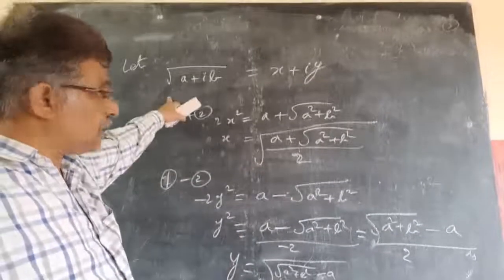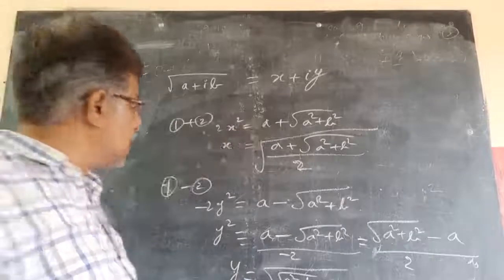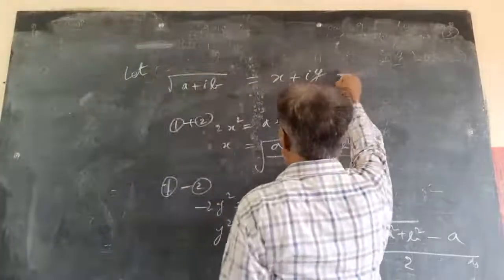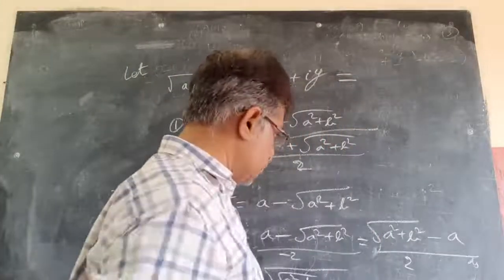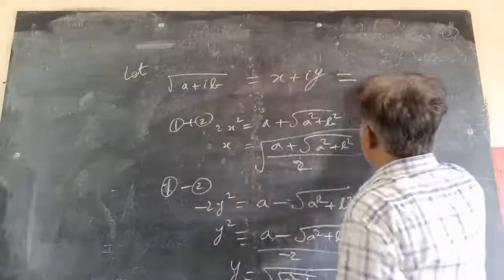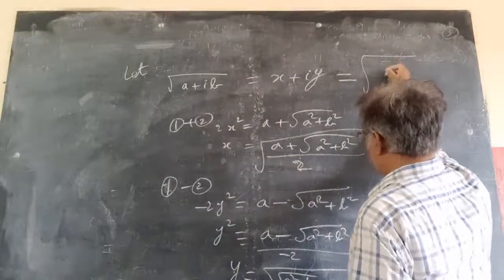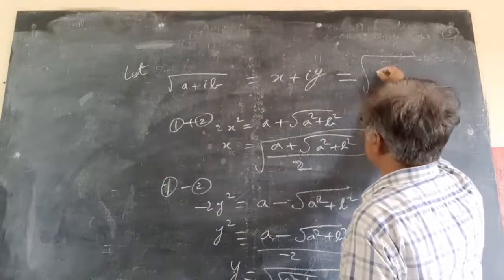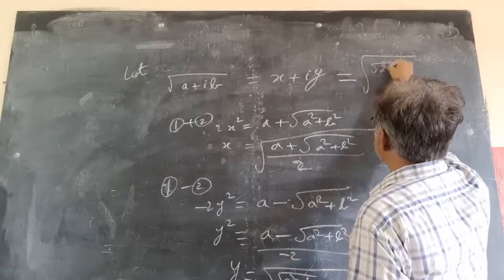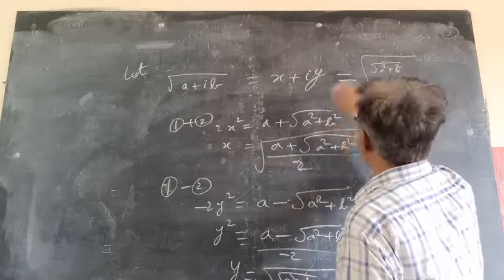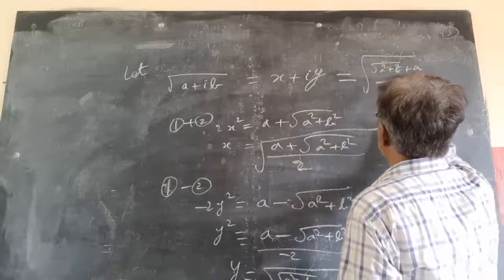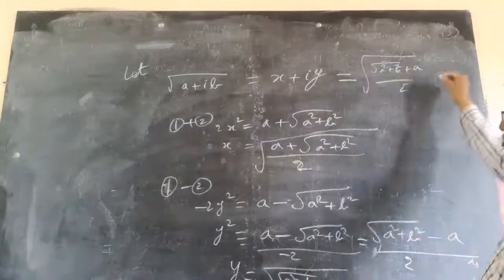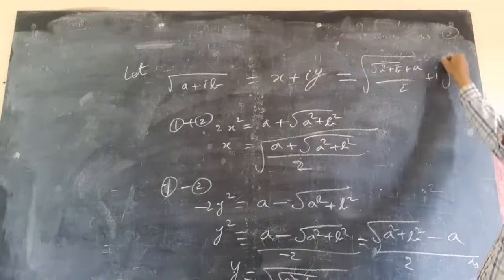So the square root of a plus ib, if I substitute the x and y values, is always equal to the square root of a square plus b square plus a by 2, plus i into root of y.